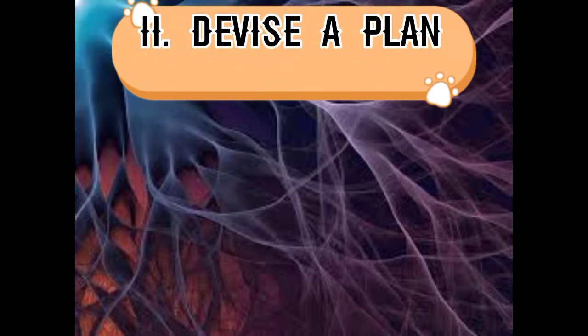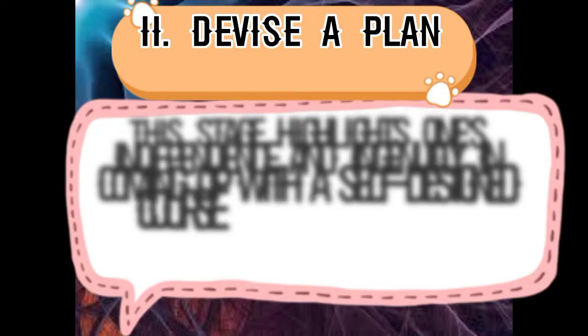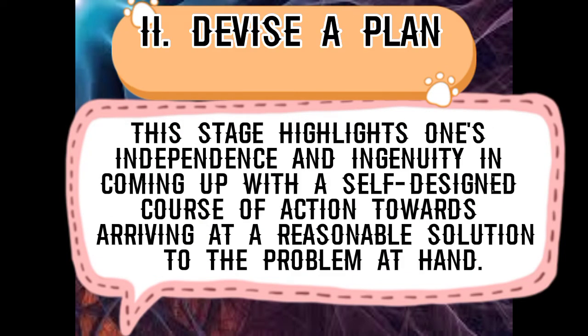So, the second one is we need to devise a plan. The next phase is devising a plan. This stage highlights one's independence and ingenuity in coming up with a self-designed course of action toward arriving at a reasonable solution to the problem at hand.